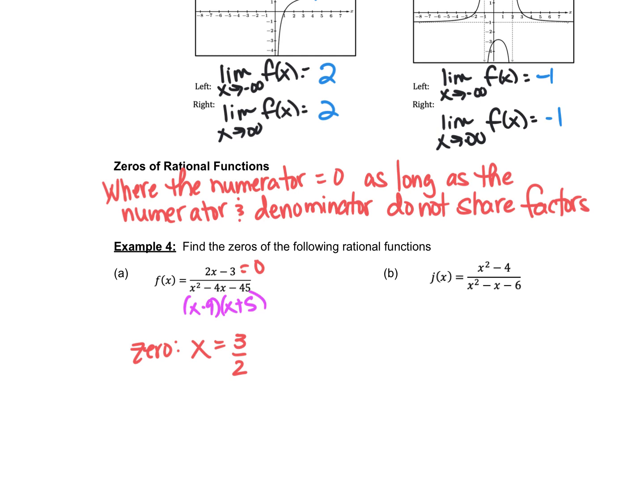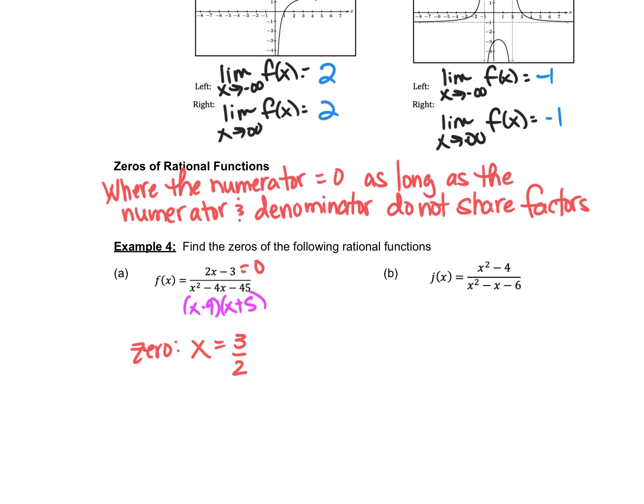So we just look at the numerator. We don't think about the denominator. So always factor first. If you have something that matches from numerator to denominator, we don't include it as a zero.